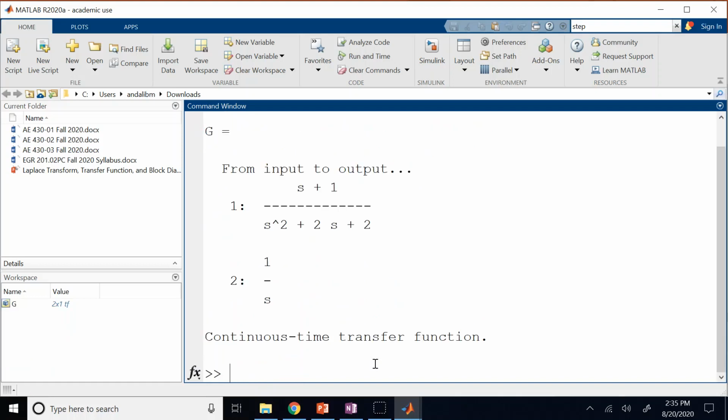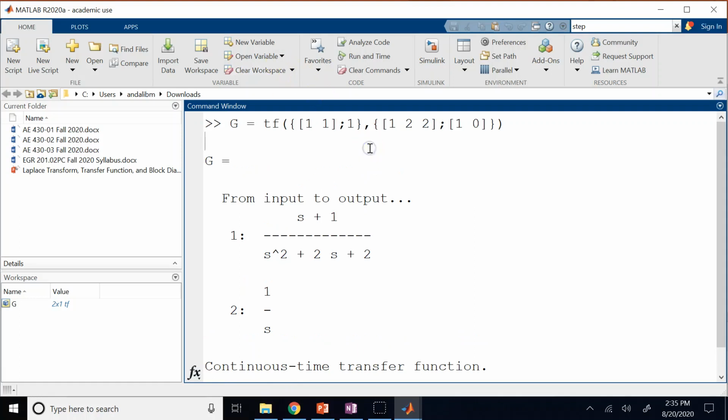What is this? What does that mean? It says 1 and 1 in a bracket, semicolon 1, then everything in braces. Then in another brace, you have 1, 2, 2, semicolon 1, 0. So what is that? It means this is to define a multi-input, multi-output transfer function matrix. You say the numerator for the first transfer function is 1 and 1. And the denominator of that is what? 1, 2, 2.